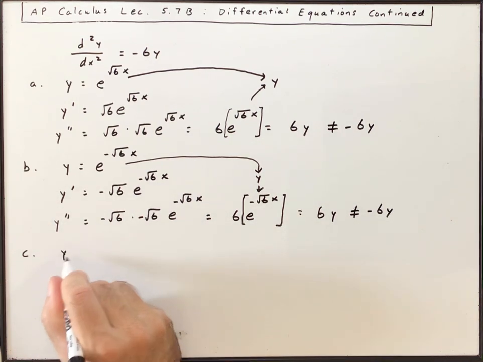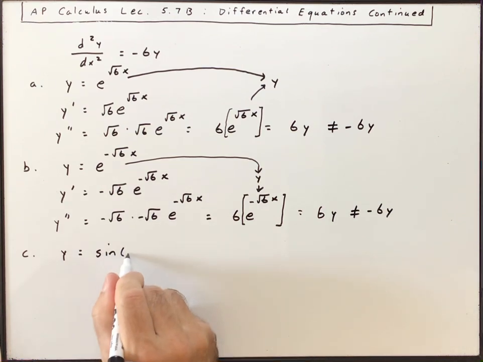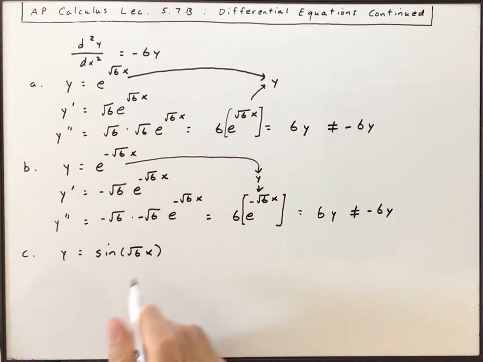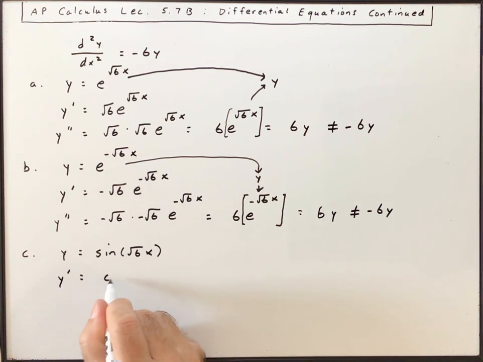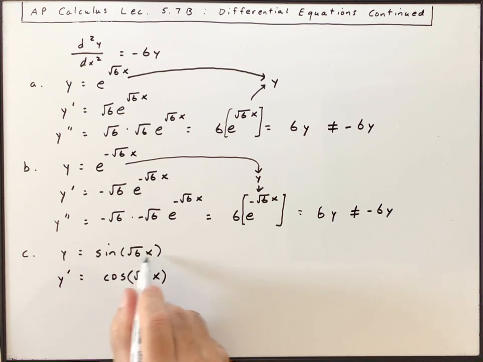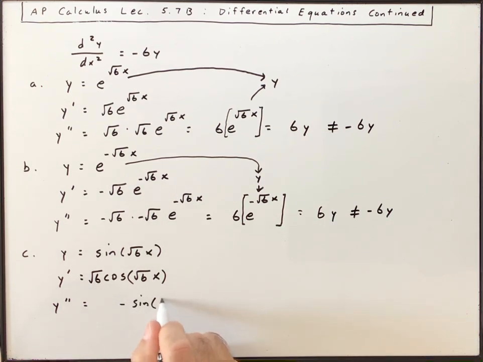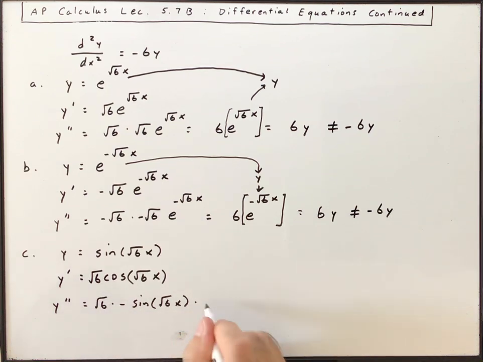Let's try C. So this is really just a trial and error method. We have sine root 6x. y prime would be cosine root 6x times the derivative of the inner function, so that's root 6. We'll put that out front. And then y double prime is going to be negative sine root 6x times, you already had the root 6 out front, times another root 6.